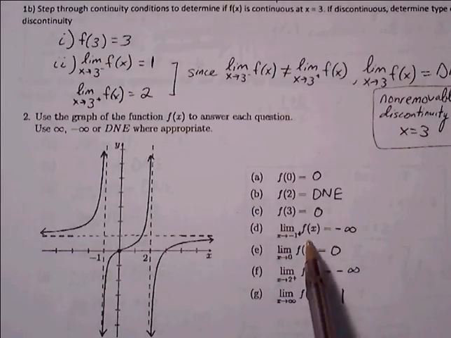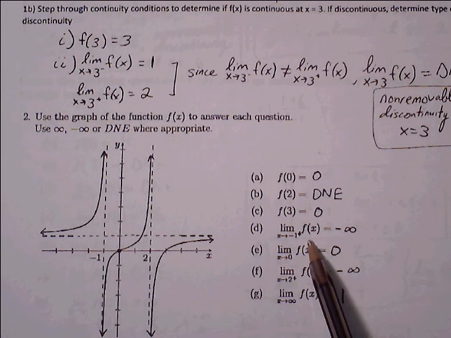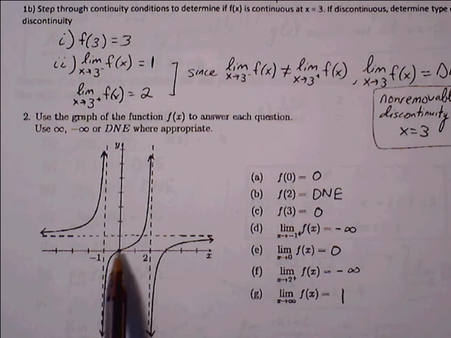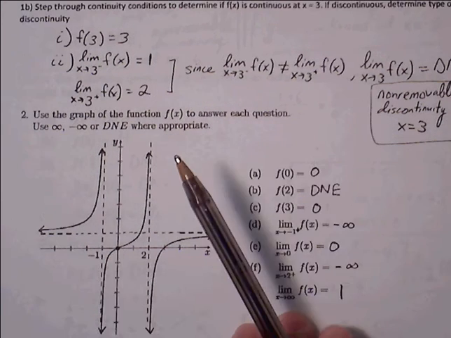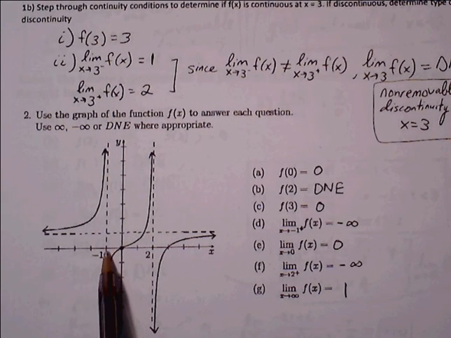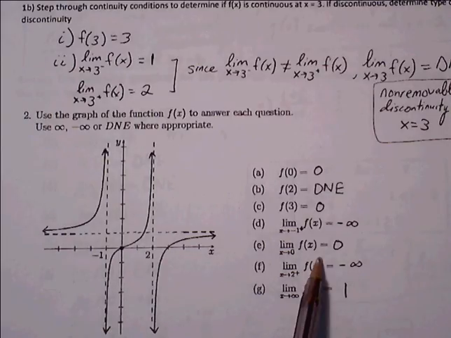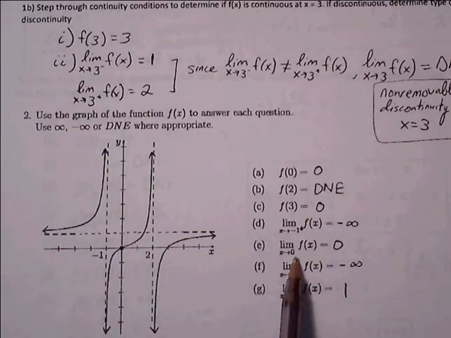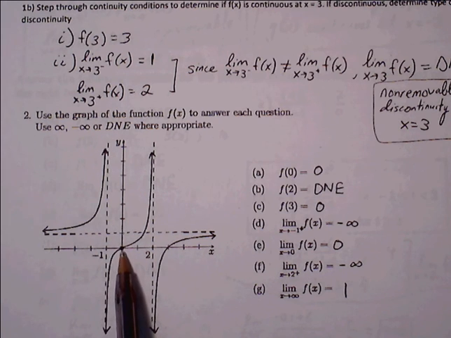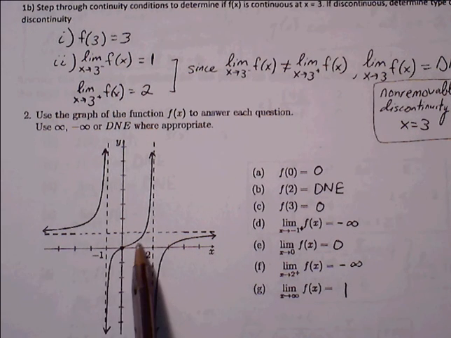As we approach -1 from the right side of -1, the graph is approaching infinity. Limit as x approaches 0 is equal to 0. We see the graph connects through that point.